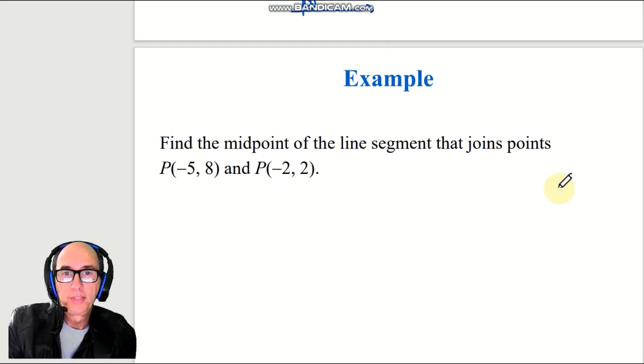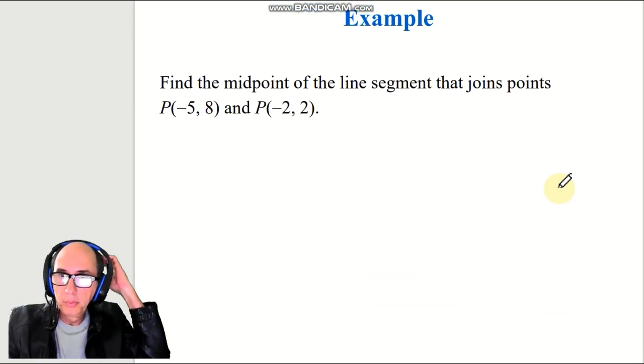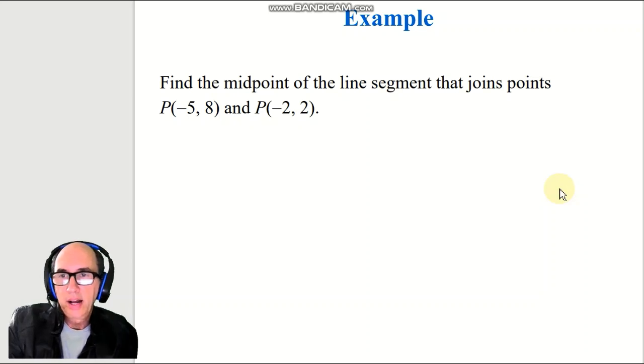Find the midpoint of the line segment that joins the points. Now let's work with (-5, 8) and (-2, 2). Again, it doesn't matter, you can say this is point number 1, this is point number 2.